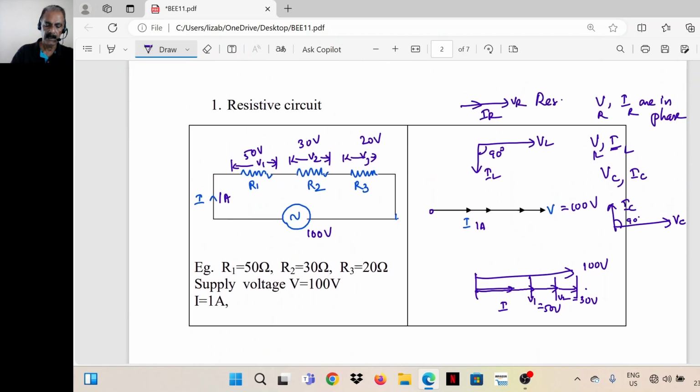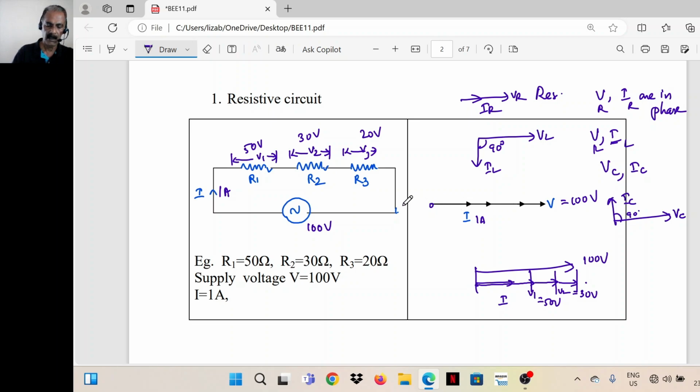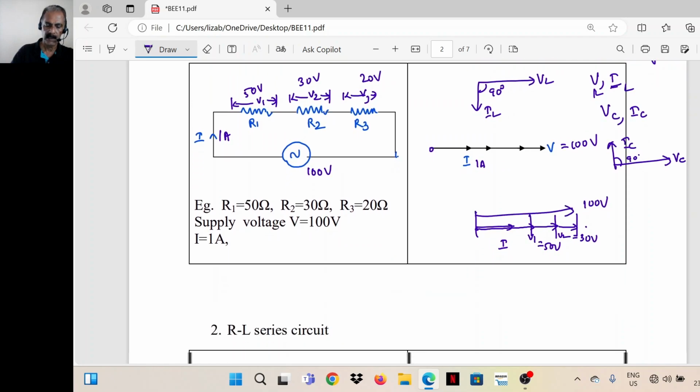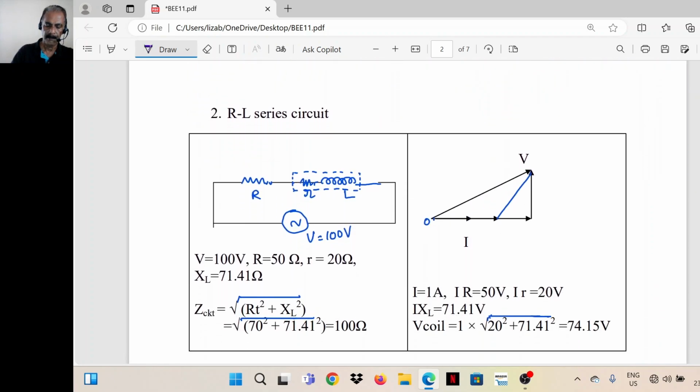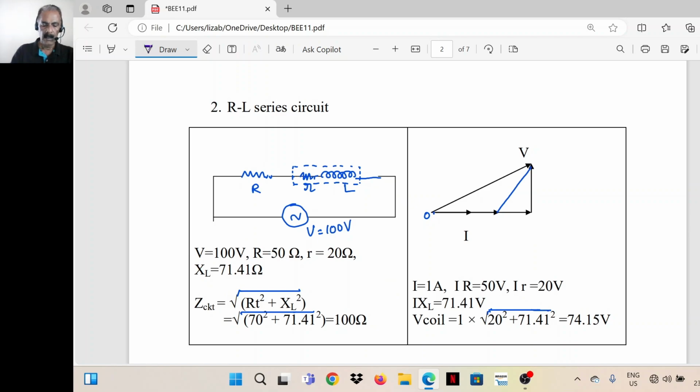Now let's take a purely resistive circuit. The total voltage as well as the component voltages are all in phase with the current I. Now this is another circuit, a resistor and a coil.